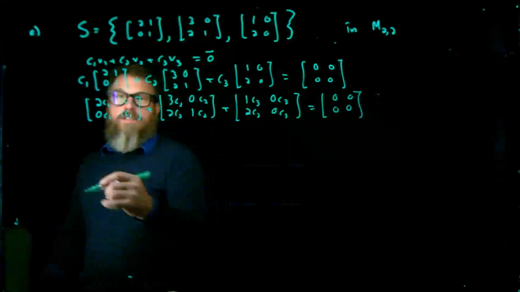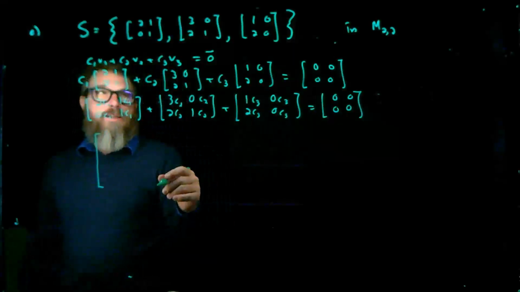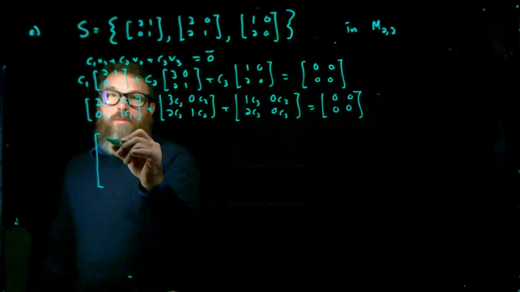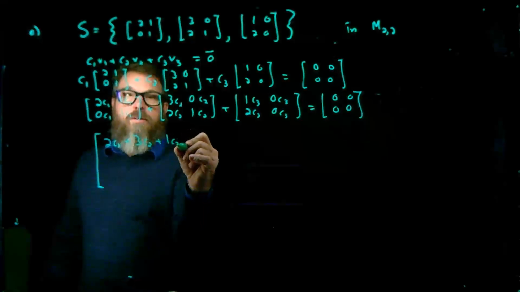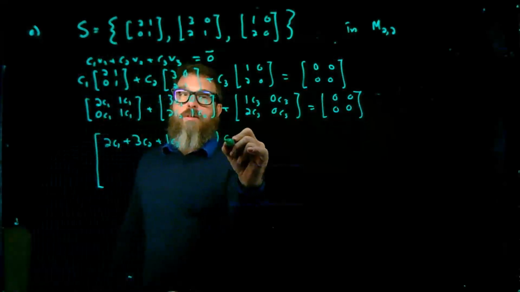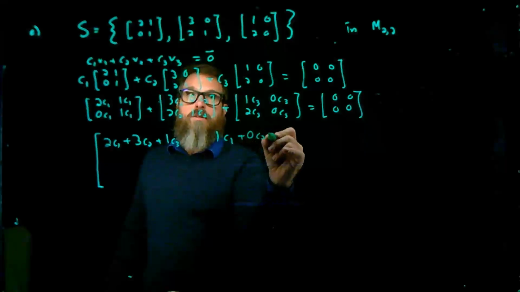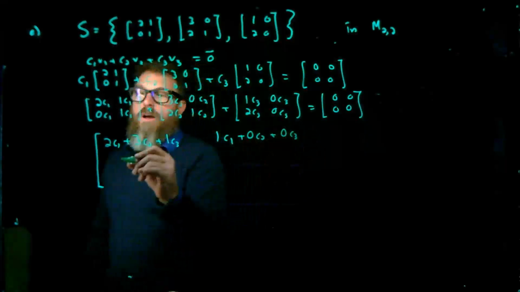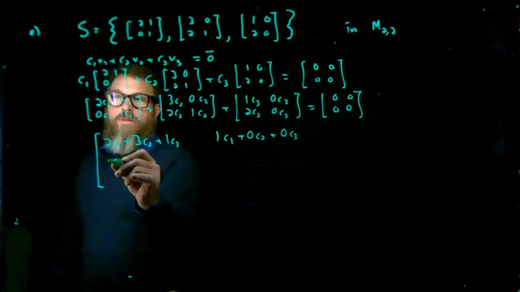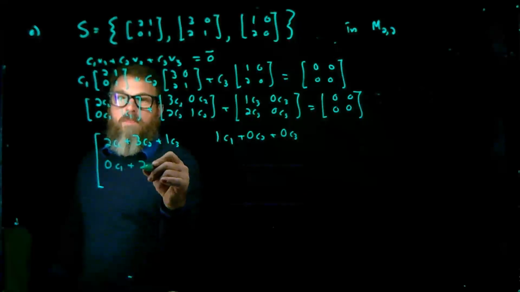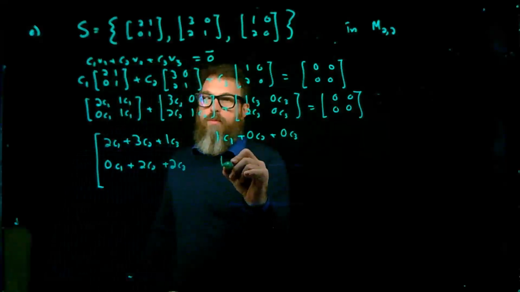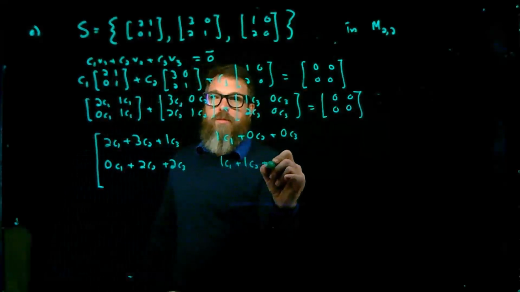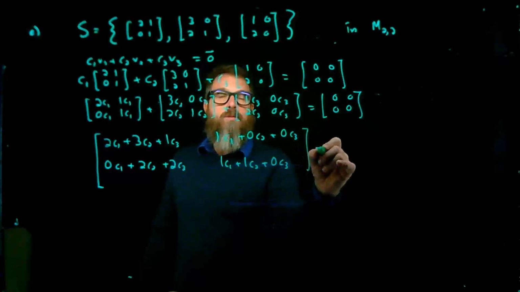Now, adding these things together just means I have to add their corresponding entries. So the top left, or row 1, column 1, row 1, column 2, row 2, column 2, and then finally the bottom right one would be 1C1 plus 1C2 plus 0C3, again equal to the 0 vector.